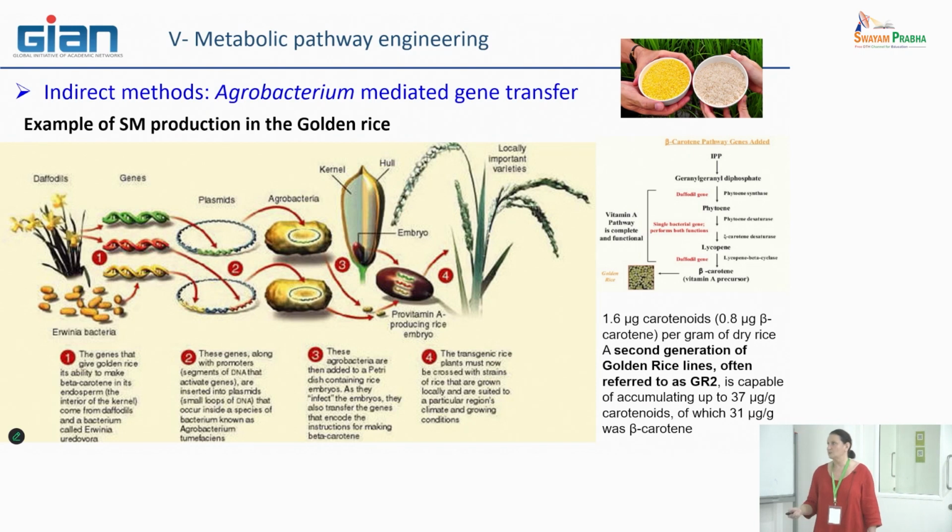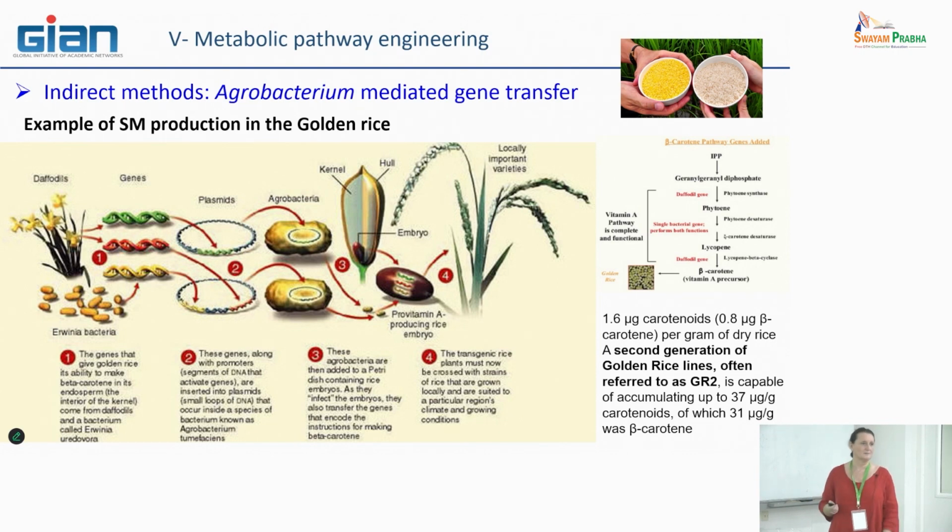So they changed the origin of the genes encoding these enzymes, because they found some enzymes with better activity. They also modified different things in the feeding of this pathway, to produce more precursor, GGPP, for example.